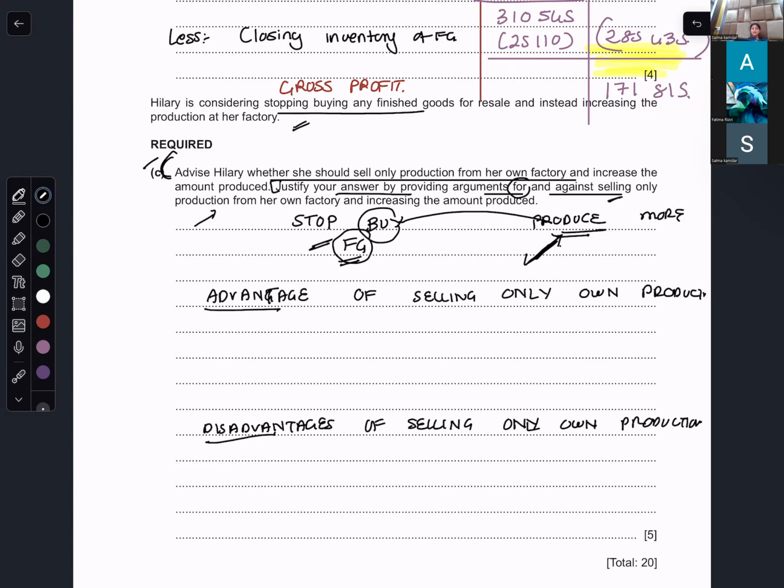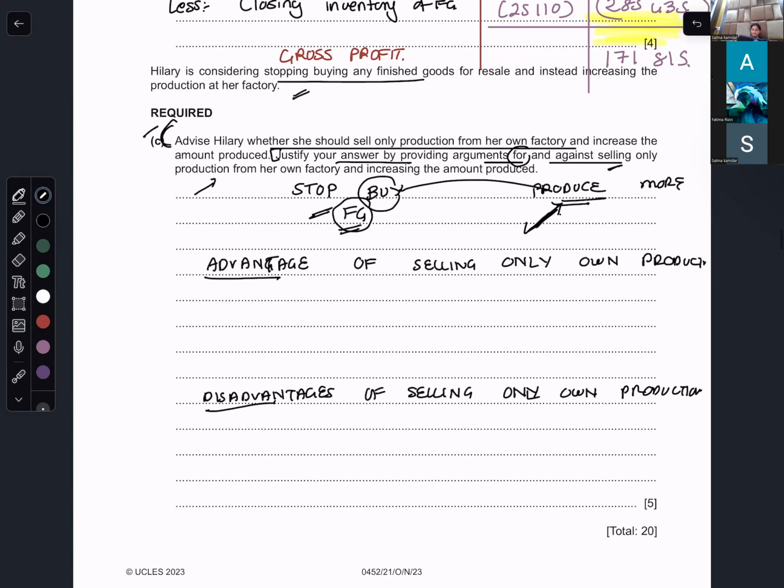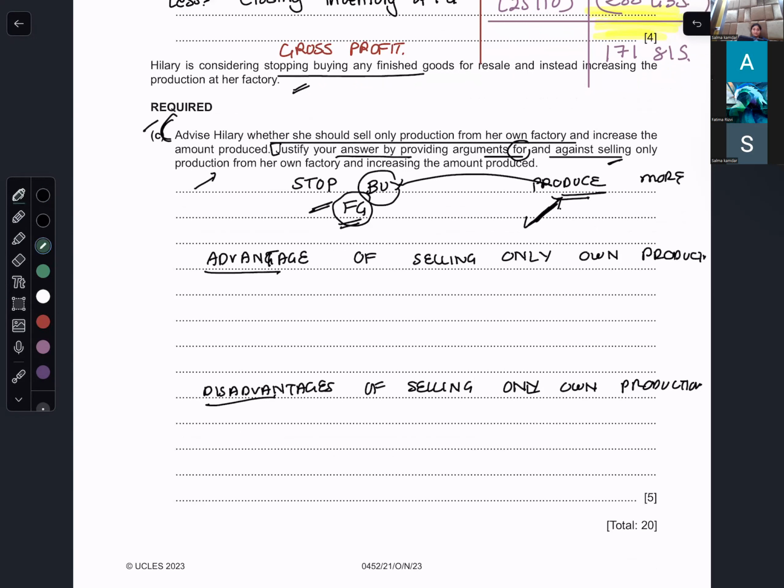What is the good thing if they sell only own production? The costs are lowered. Maybe when you buy outside, you buy at a higher price. No, because they'll benefit from economies of scale.